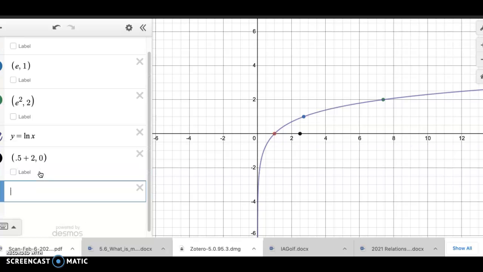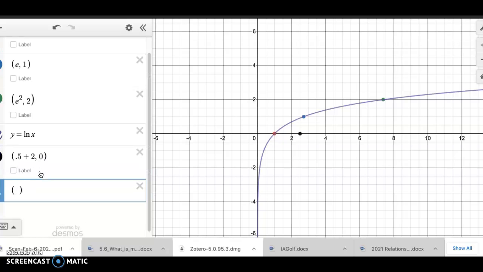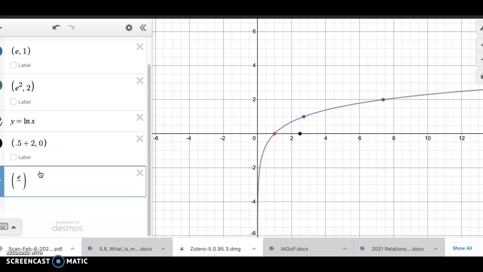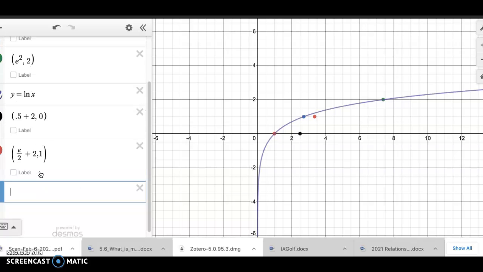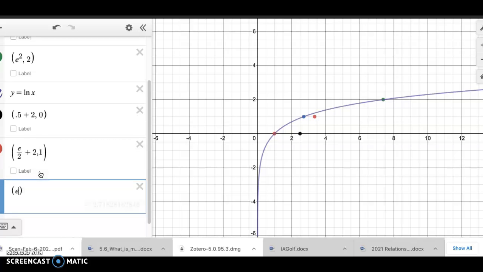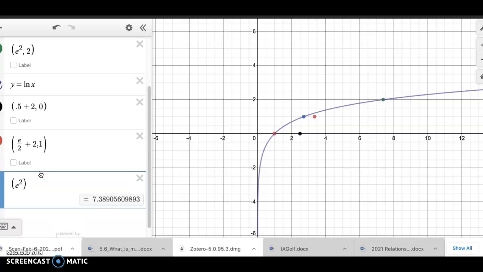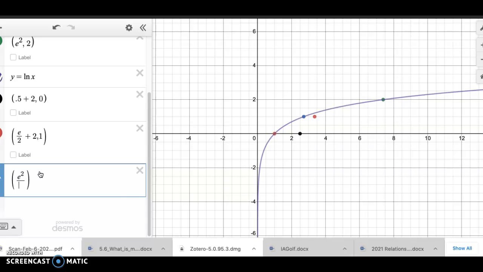There's 1 point. My next point is e divided by 2 plus 2, comma, 1. There's my other one. And then I do it again, e squared divided by 2 plus 2, comma, 2.